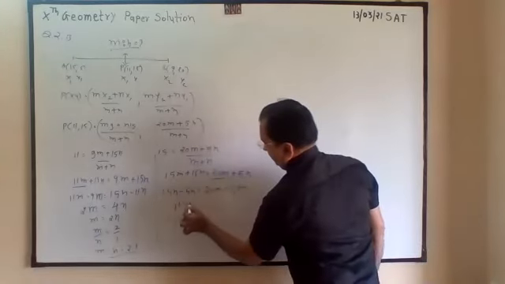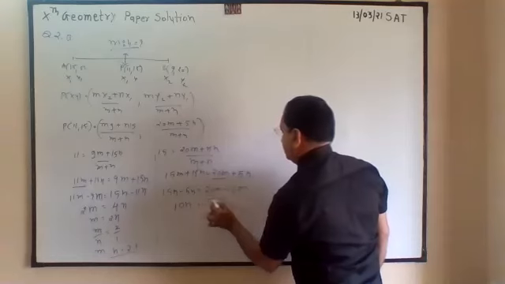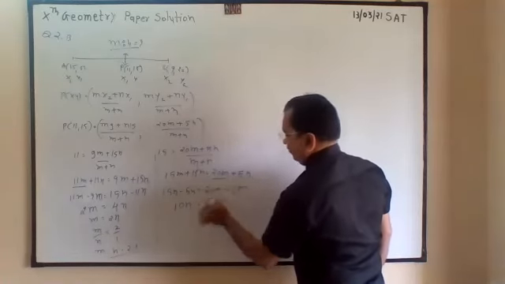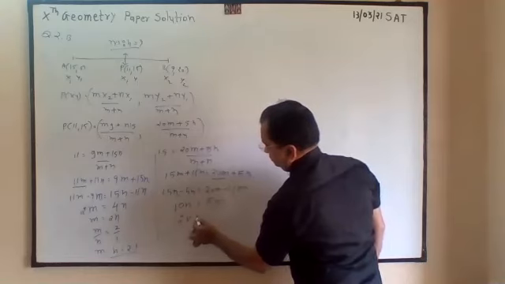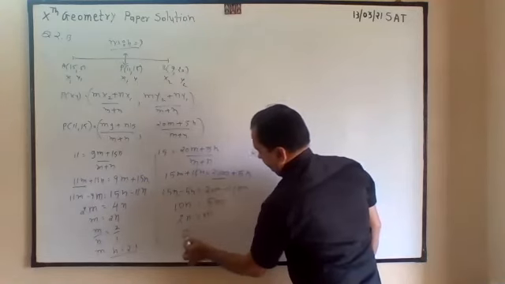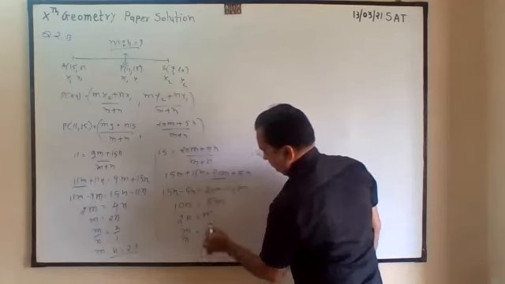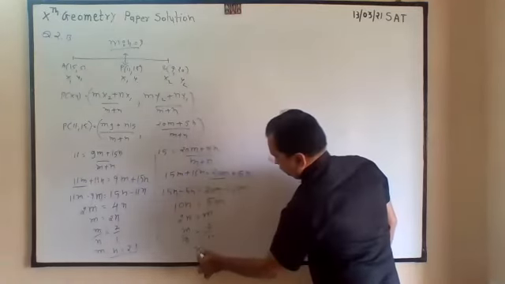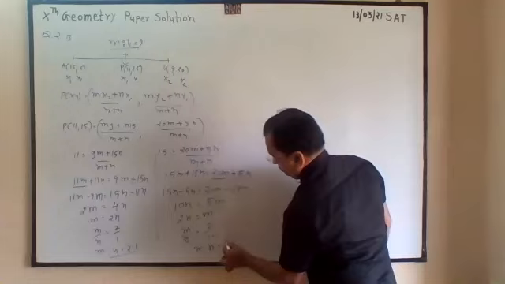So 10n equals 5m, 5 2s are 10. See, 2n is equal to m. So m by n is equal to 2 by 1, because 2n, 1n. So m:n is equal to 2:1.